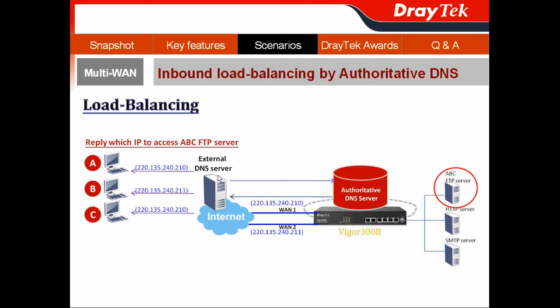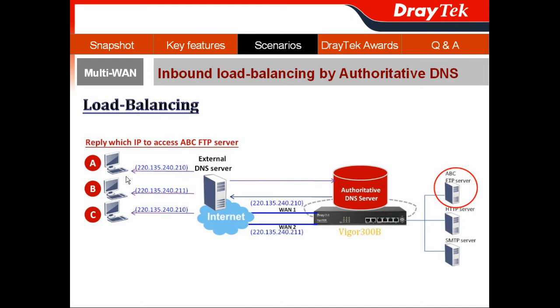different PCs' access. For example, in our scenario, we hook up two WANs, so we got 220.135.240.110, and another WAN IP is 211. So the authoritative DNS server will offer different WAN IP addresses to the external DNS server for different PCs.